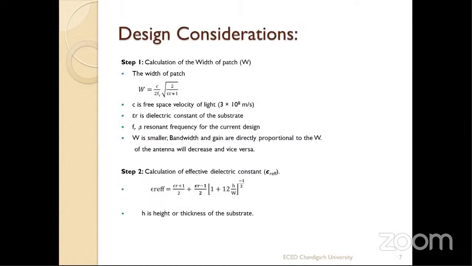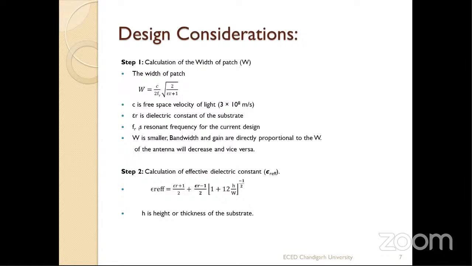While designing this logo-based wearable textile antenna, some design considerations were taken into account for the specific dimensions of the antenna. First of all, the width of the patch is calculated by this equation in free space. The dielectric constant of the substrate plays a major role, along with the assumed frequency we are going to work on.